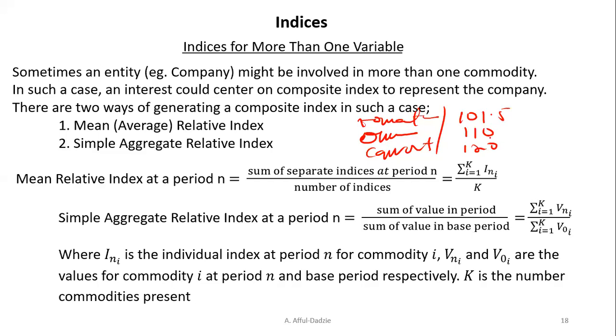What this means is that you sum all these and divide by the number of indices, which is 3. So the sum of the individual indices divided by the number of indices will give you an average index. However, in the case of the simple aggregate relative index, you rather sum the actual values over the period and divide by the actual values of the base period and multiply by 100. Let's look at it here.